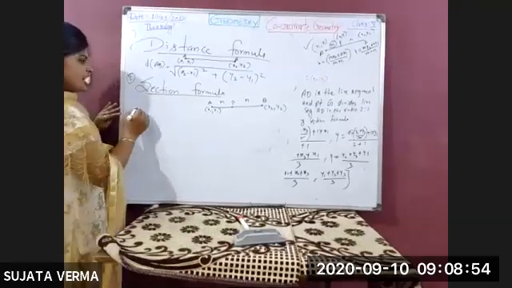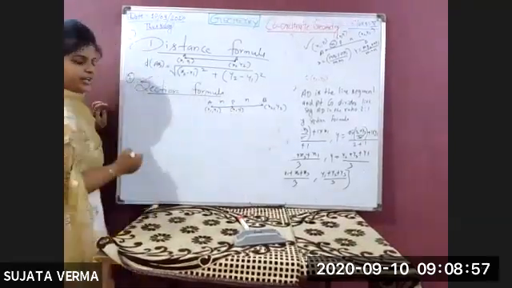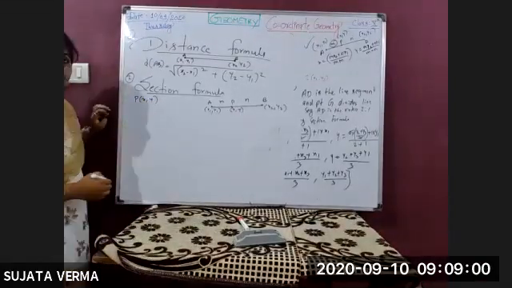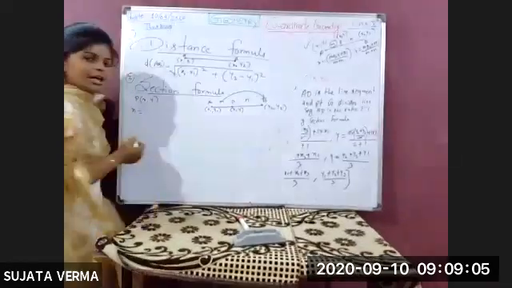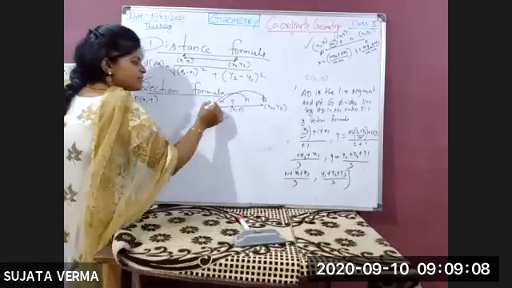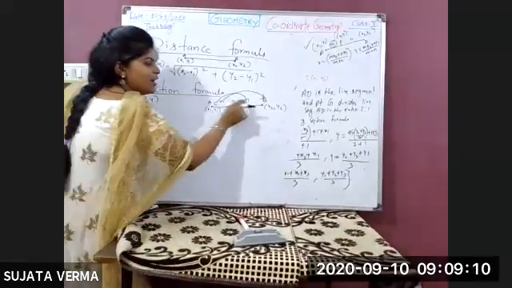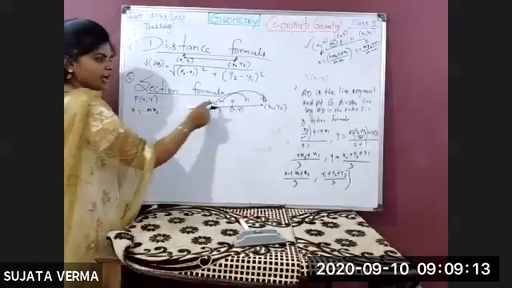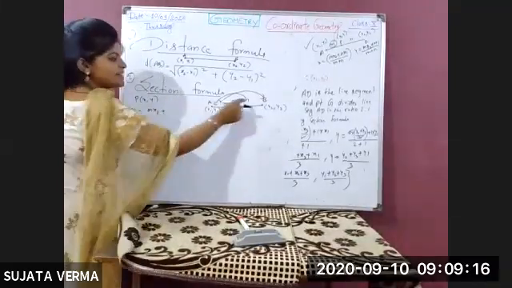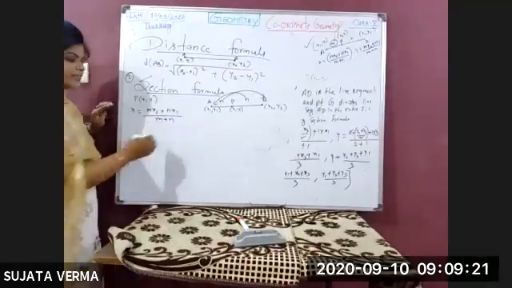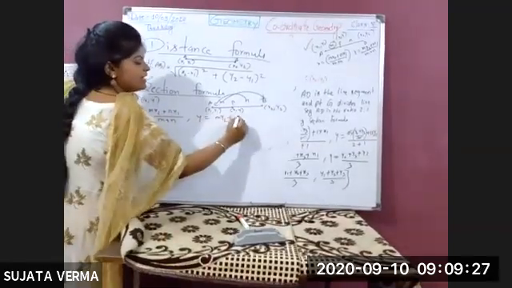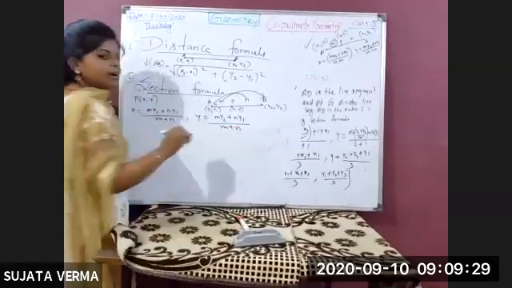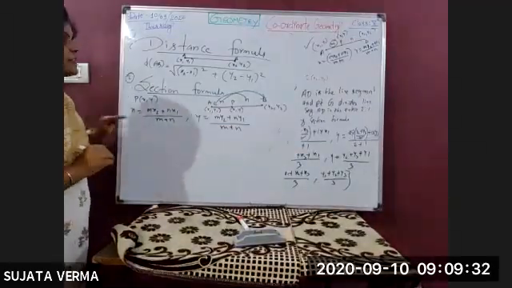Then we find the coordinates of P, that is x comma y. x is equal to m multiplied by the B coordinate plus n multiplied by the A coordinate, that is, x is equal to (m into x2 plus n into x1) divided by m plus n, and y is equal to (m into y2 plus n into y1) divided by m plus n. This one is our second formula.